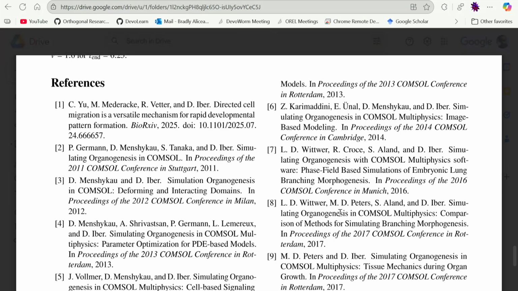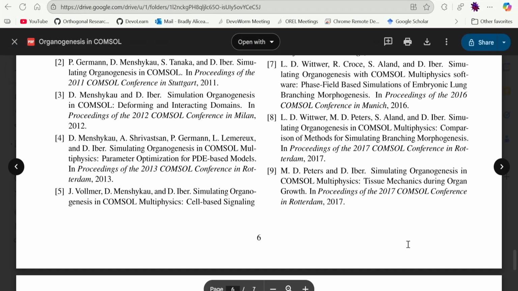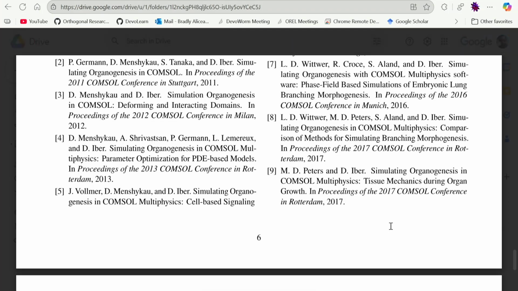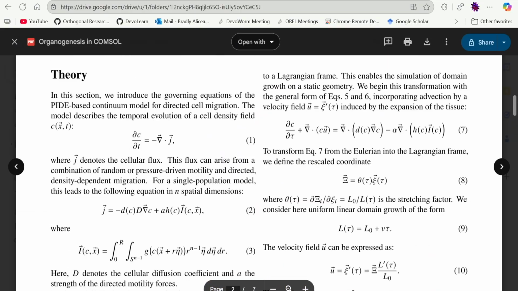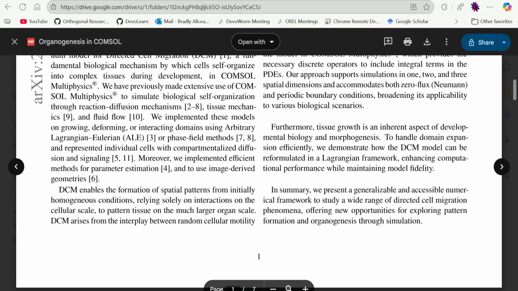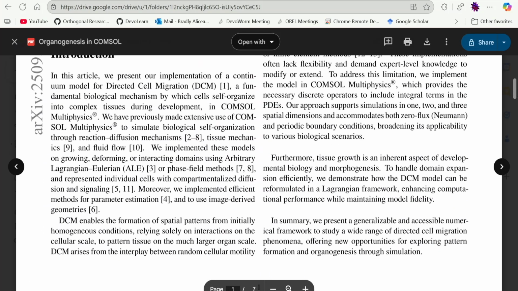And then 8 is simulating organogenesis in COMSOL Multiphysics, comparison of methods for simulating branching morphogenesis. And then they have some other ones down here as well. So that's kind of where they start off from. They have this body of work that they've been building, and I guess this is an extension of that work.